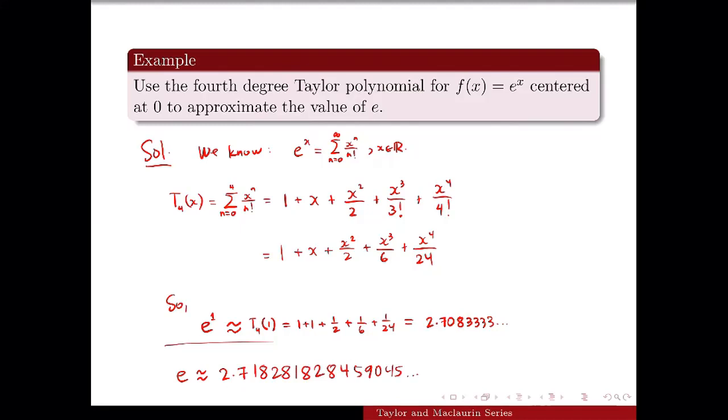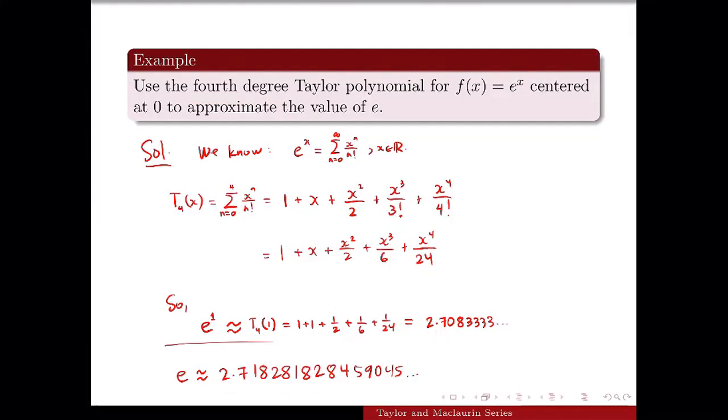So in here, you see, with the fourth degree Taylor polynomial, we are only accurate up to the first decimal place here. But if you get a higher degree Taylor polynomial, you will be closer to this value here.